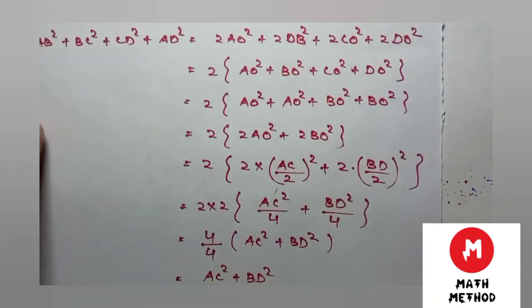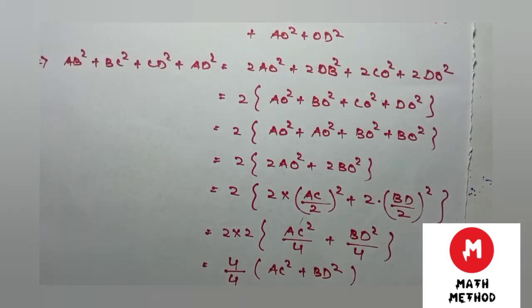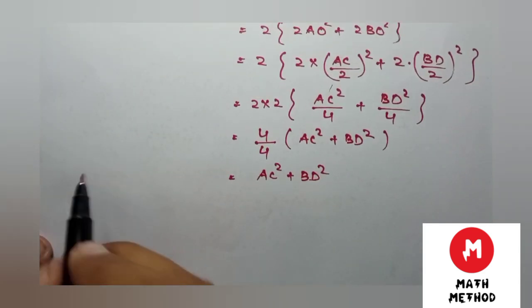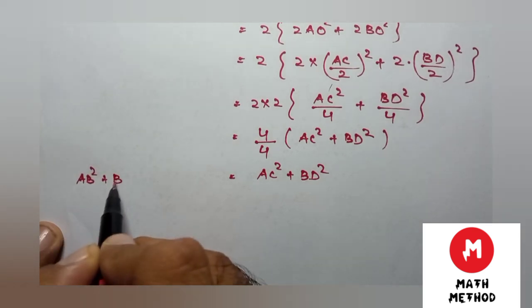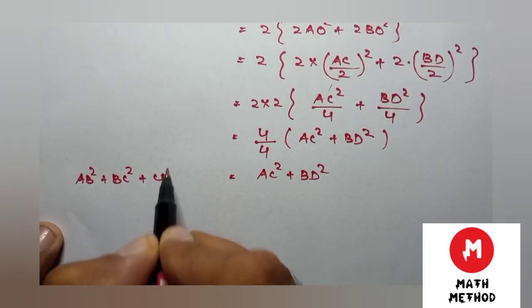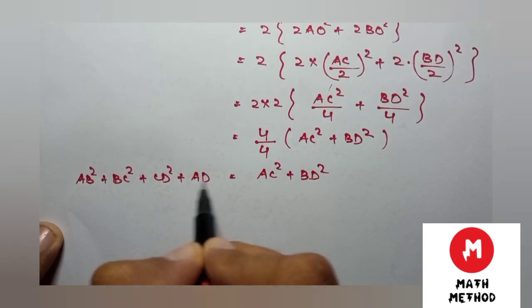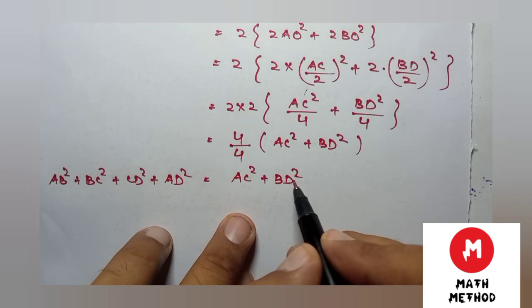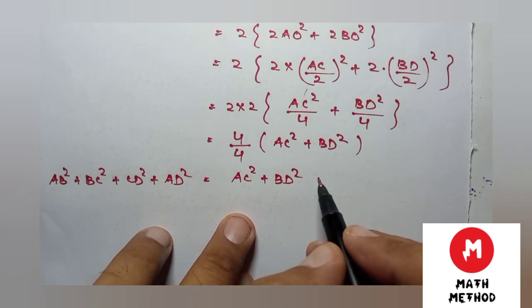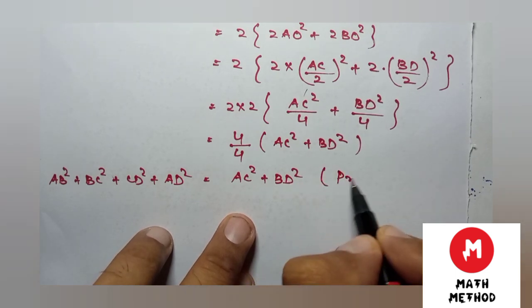This is our RHS. Here LHS is AB square plus BC square plus CD square plus AD square, equal to AC square plus BD square, the sum of squares of diagonals of a rhombus, which is proved.